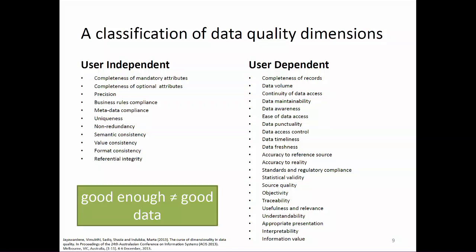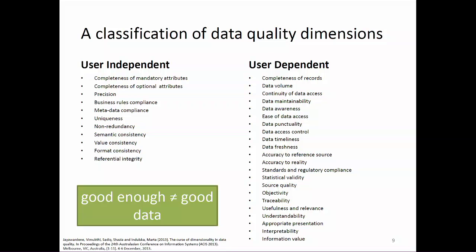For example, completeness of mandatory attributes. If anybody has worked with relational databases, you know how it goes, sometimes there are mandatory attributes, for example, ID. Now you cannot have a record without a student ID. It doesn't matter who is going to use that data later, but if the record is without a student ID, that's invalid, right? You don't know whether it's a valid record or not.